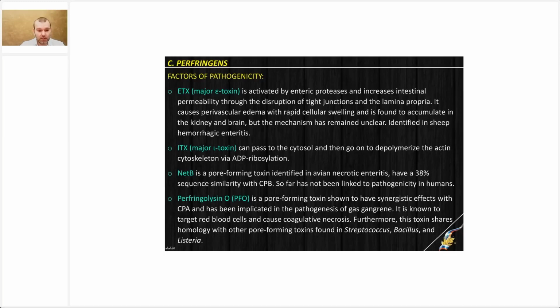Again, it was initially identified in birds, and the activity or significance of that toxin in human pathology is not really clear, and still it was not linked to any disease in a separate manner, but it has very high similarity, about 38% similarity with major toxin beta, and it can form pores in affected cells as well, and can lead to necrotizing of especially enterocytes.